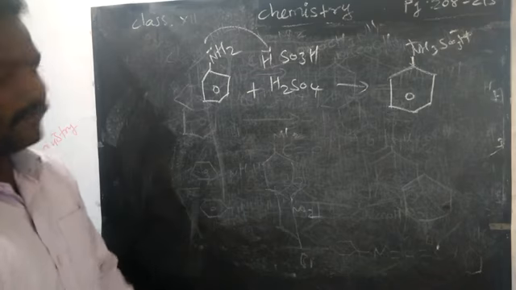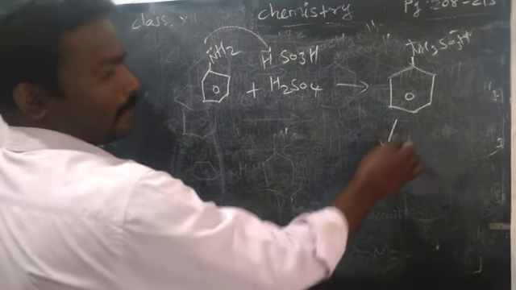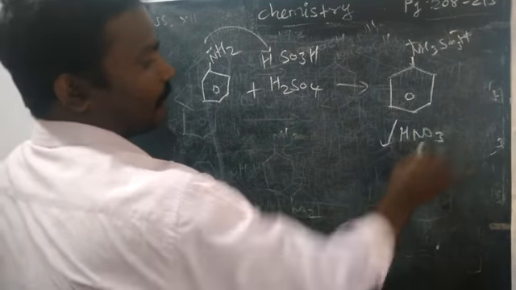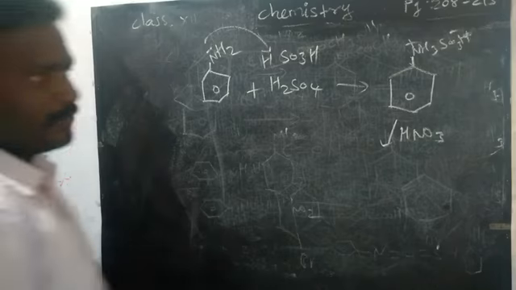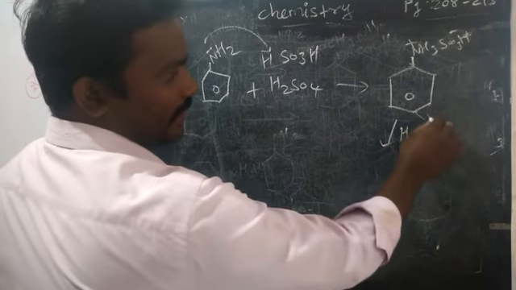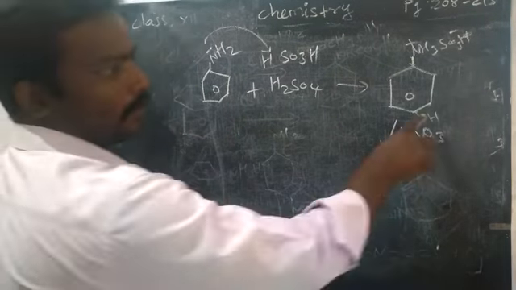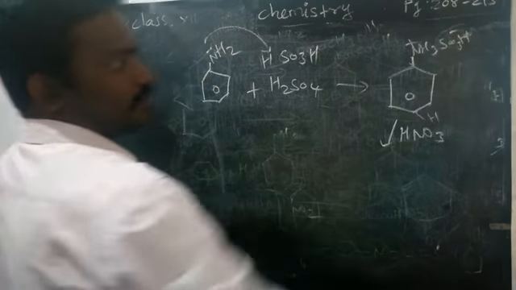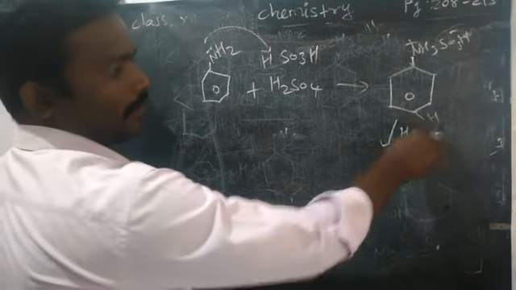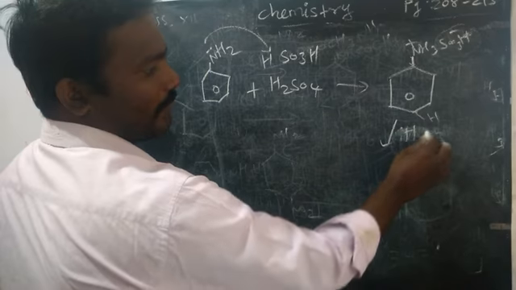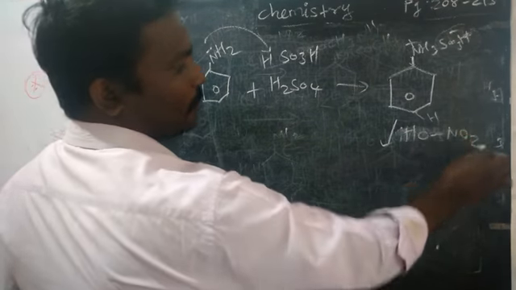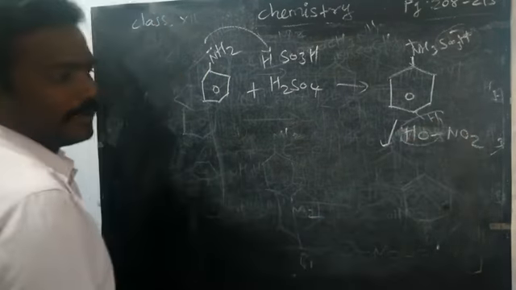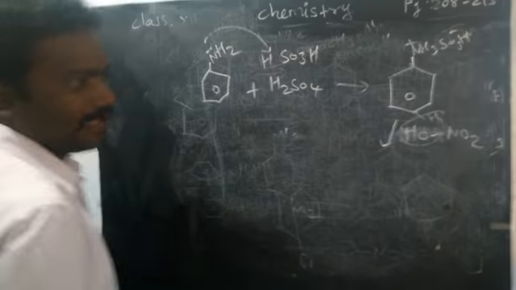After that, we can add one more nitric acid. Now it will undergo rearrangement. What rearrangement? Here we have the proton, and that proton is accepted by this SO3H, right? How will you write the nitric acid? HONO2. So it will go as water. Then the NO2 plus ion will be emitted.